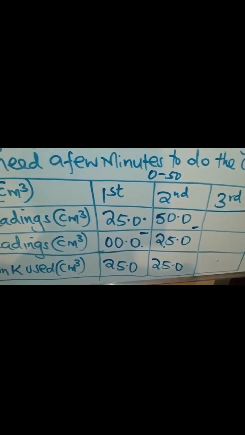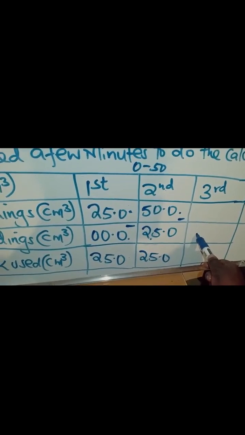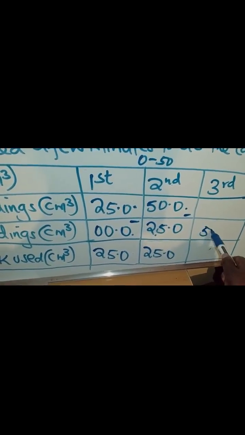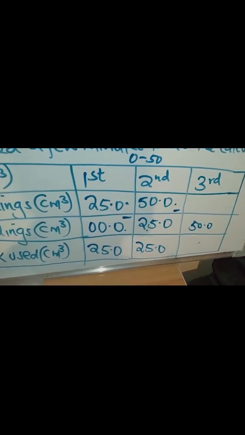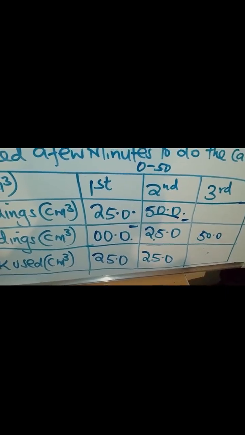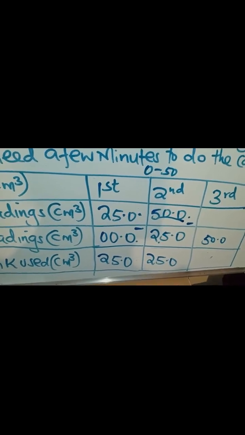I already said that the final should be the initial for the third. But in this case, you cannot write 50.0. Reason, when you indicated that this one has gone up to 50, it means that all the chemical in the burette has been used.